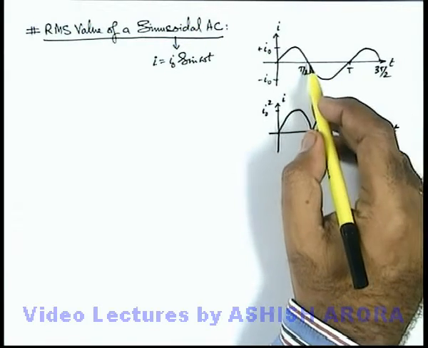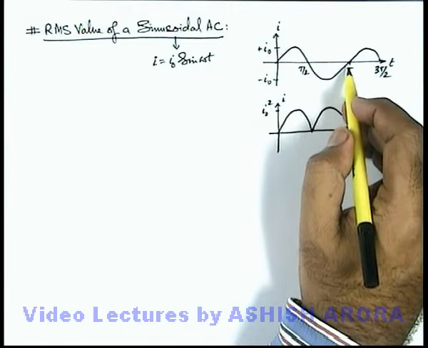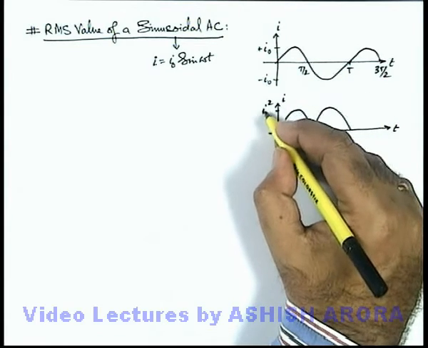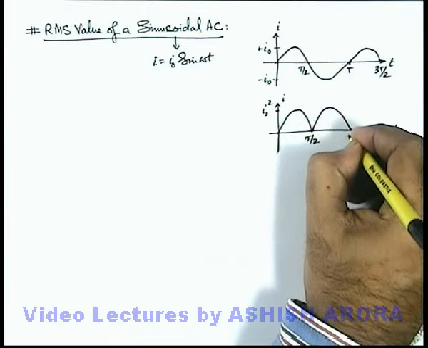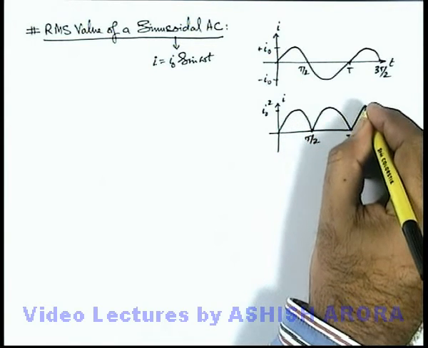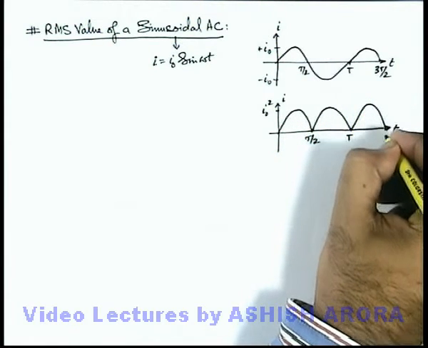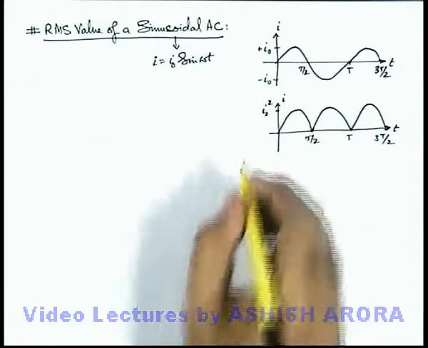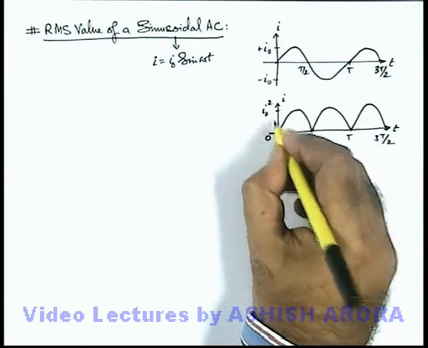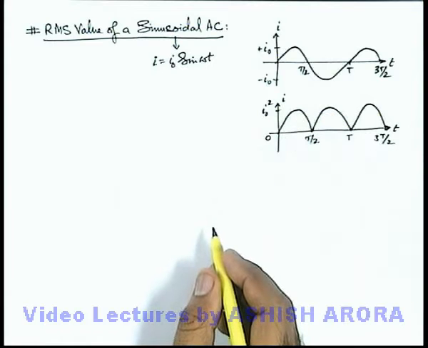Or you can say, even if the direction of current is opposite, if we square it, the sign of I square will remain same. So after every half cycle, the mean square value is not changing direction. So its period changes to half also, and it is oscillating between 0 to I naught square.